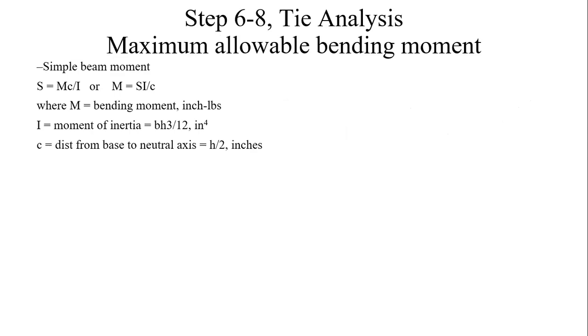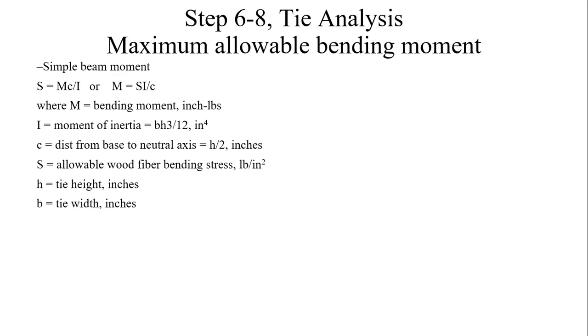We continue with this. Again, to know the bending moment, we need to use these stresses. This is the same thing. Obviously, the moment of inertia and section modulus are now used for the tie section.